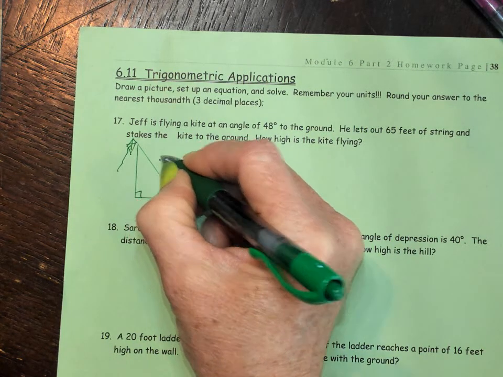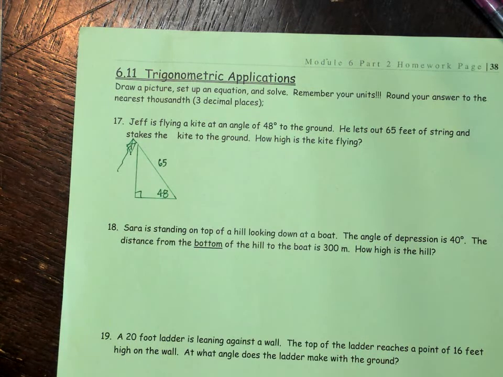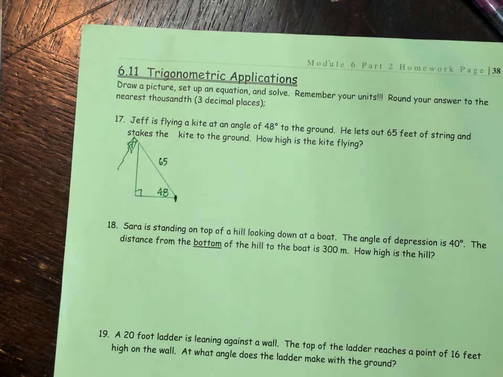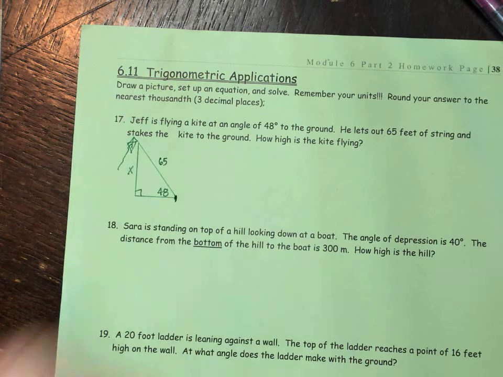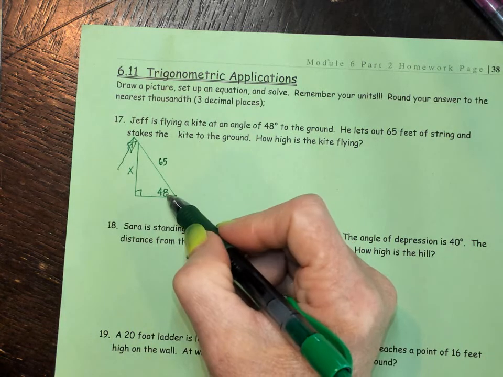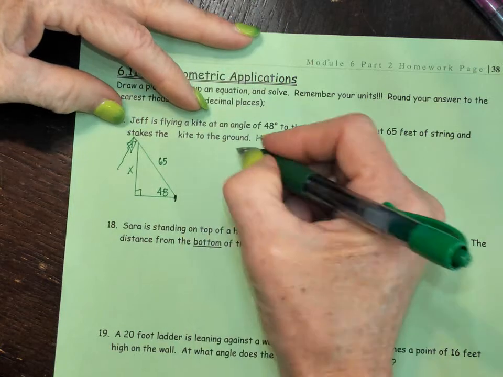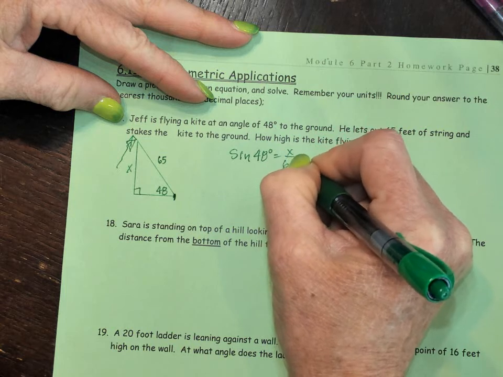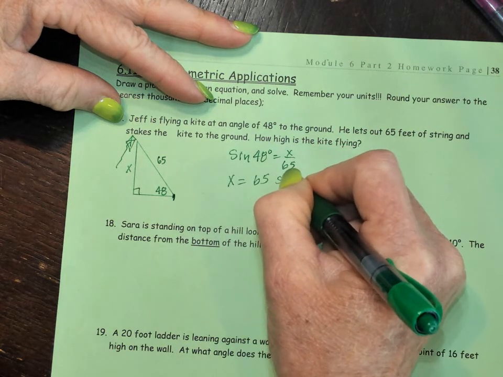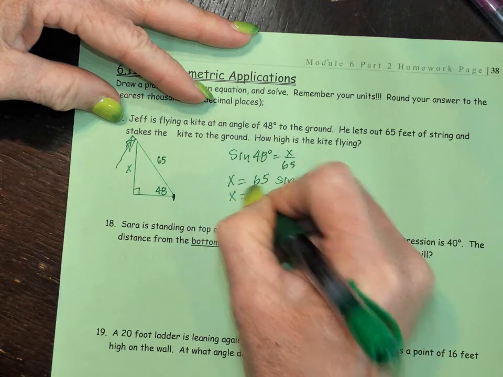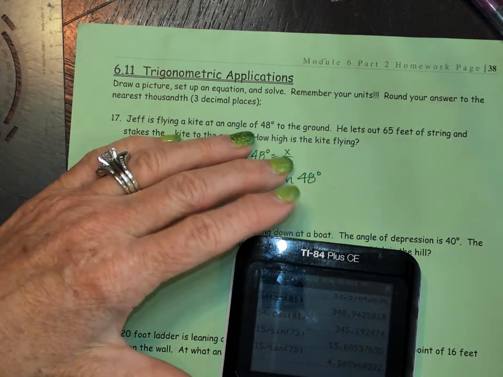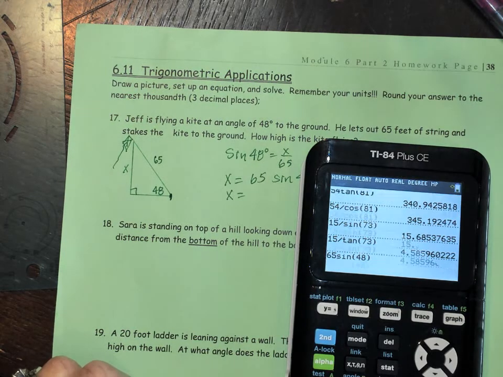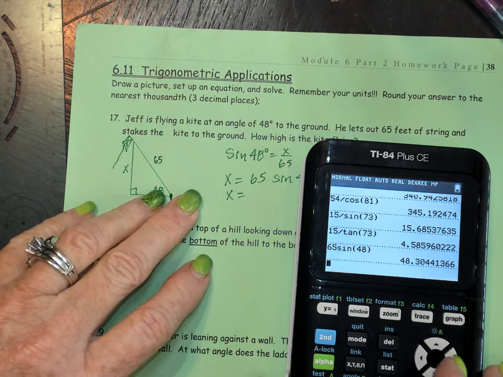Okay, here's the string, 65 feet, and he stakes the kite to the ground, so it's staked right there into the ground. How high is the kite flying? This much. From the 48, that's opposite and hypotenuse, so we have a sine. X is 65 sine 48, which is 48.304 feet.